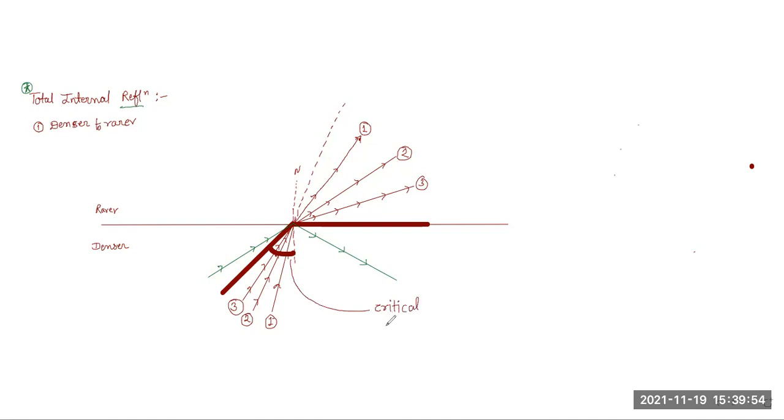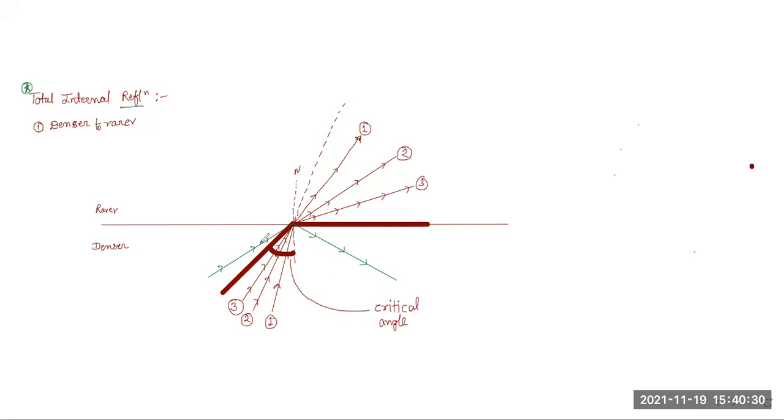It's a critical angle. So if the angle of incidence is less than the critical angle, can we get reflection? No, they are refracted. But if the angle of incidence is that particular critical angle, then there is no refraction, but the refracted ray travels along the border of these two materials.